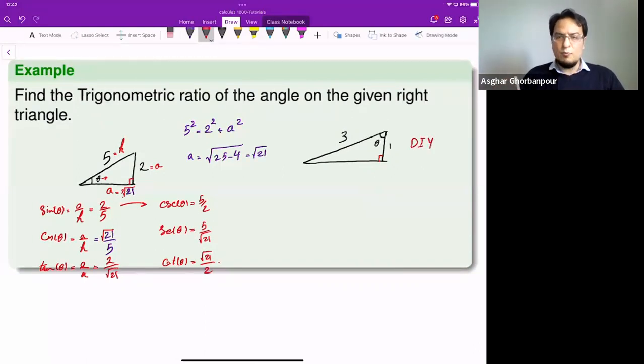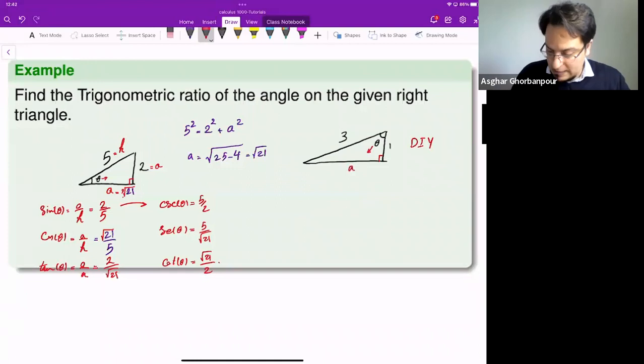The only thing I will try to mention here is that you always choose opposite and adjacent with respect to the angle theta. The edge on the opposite side of that angle, the edge at which this angle looks, is opposite.